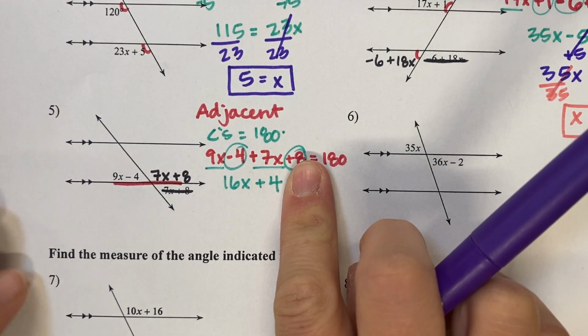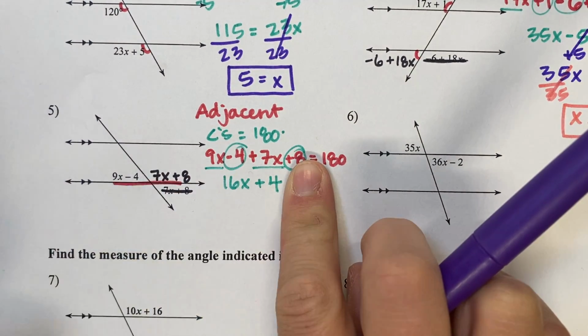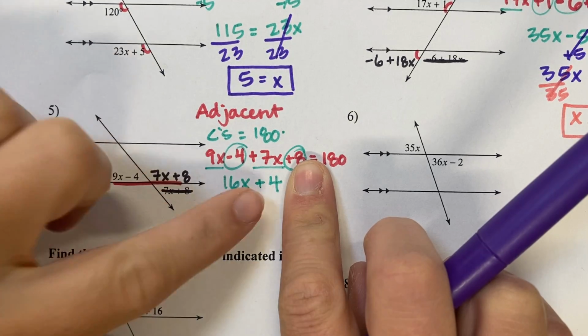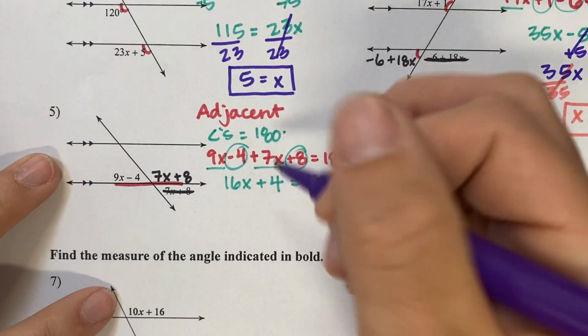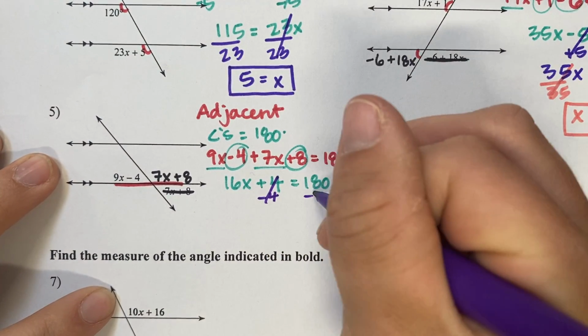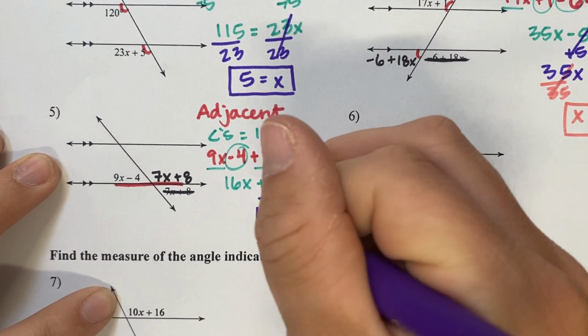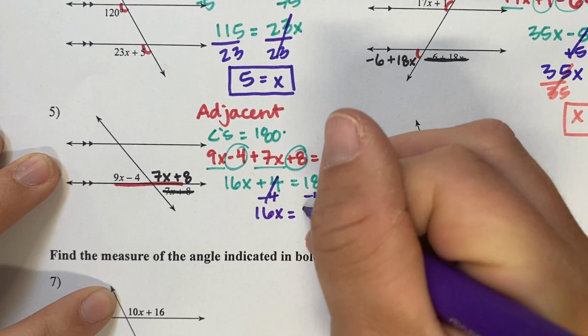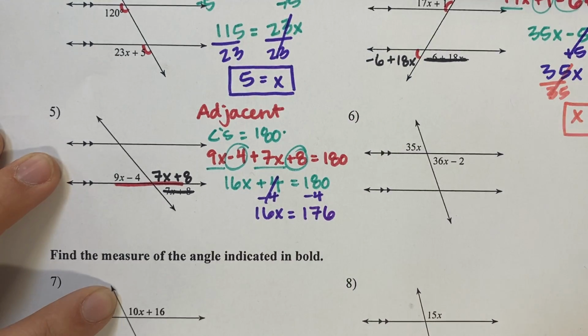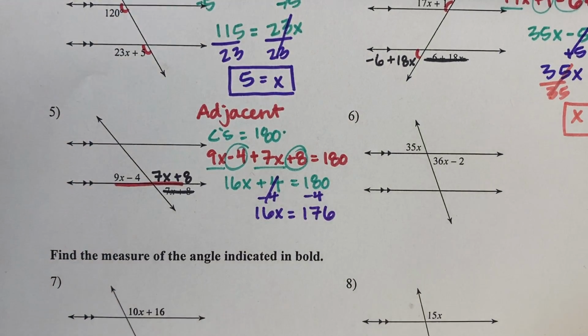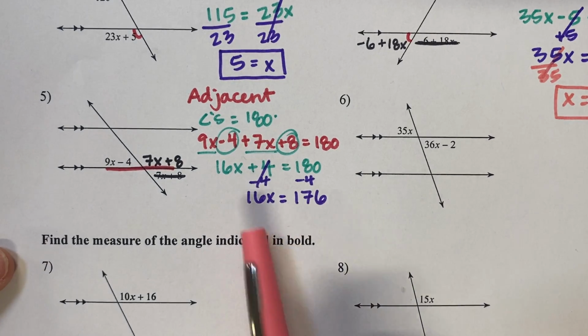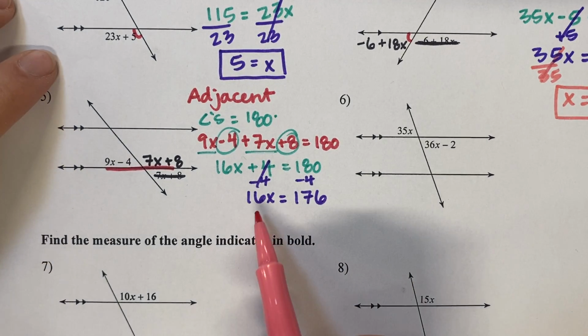So now we can start moving things. Do I need to move the 16 or the 4 first? Okay, 4 is farthest away, so we're going to move the 4. Opposite of add 4 is subtract 4. So we get 16x equals 176. Okay, again, we might get a decimal here because I changed the problem, but that's okay.